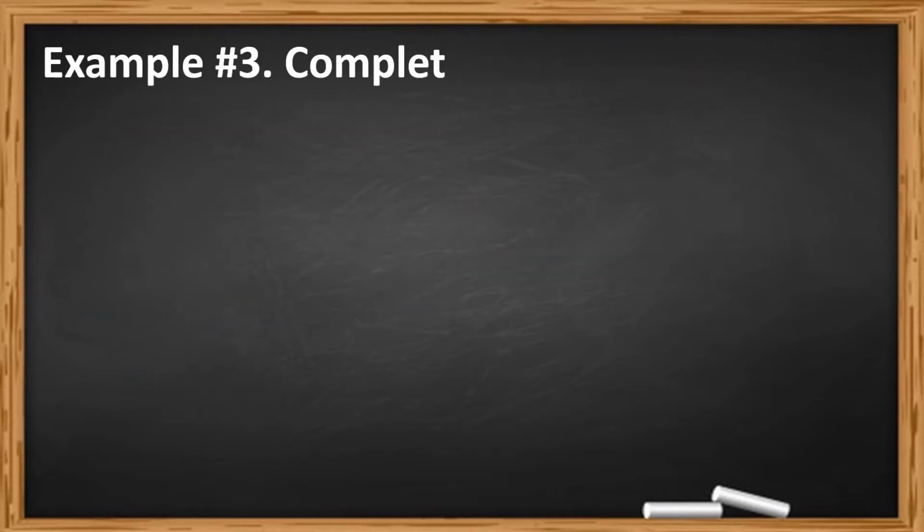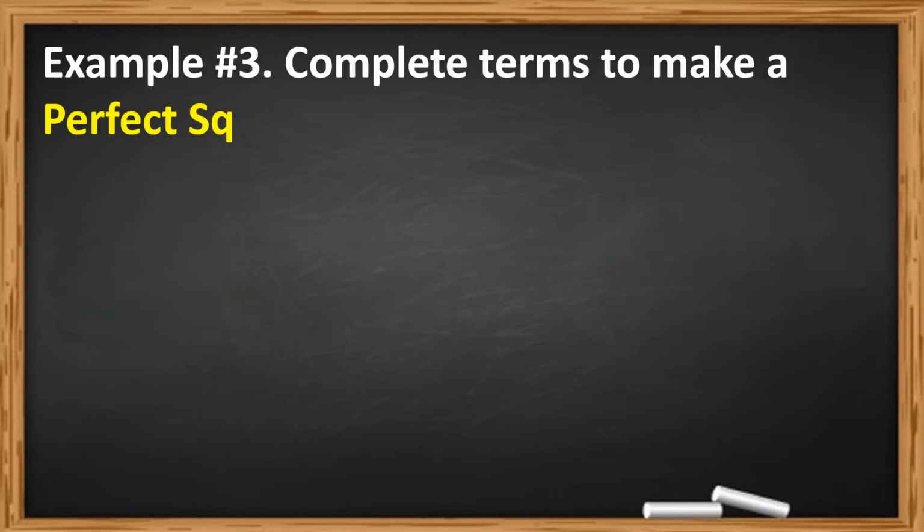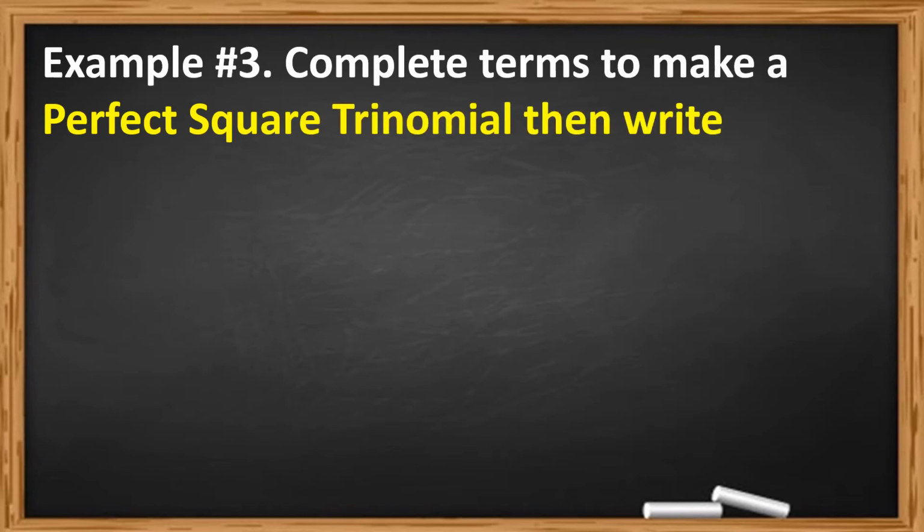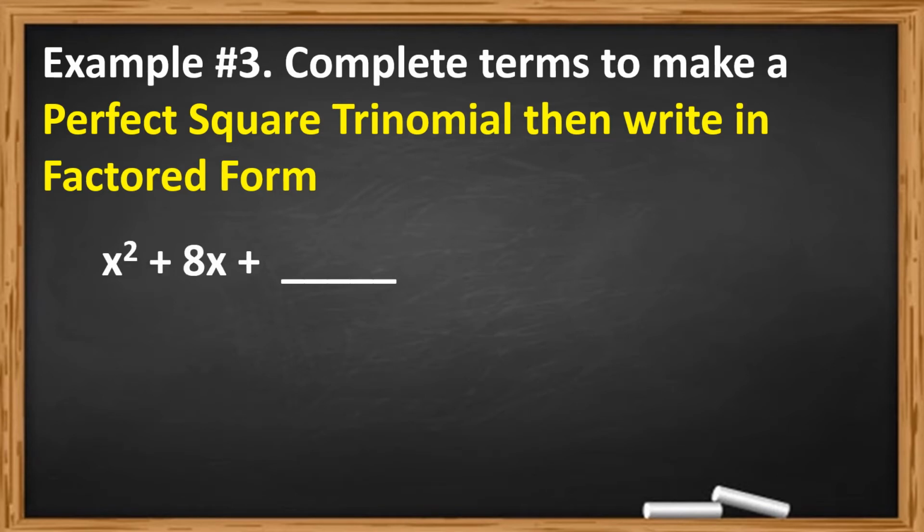Now, there are cases in our succeeding lessons where we need to complete the terms of the polynomial to make them a perfect square trinomial. Then we need to transform them into factored form or square of binomial. For example, x squared plus 8x plus blank. So, ano dapat ang ilalagay natin sa blank dito para maging perfect square trinomial siya?